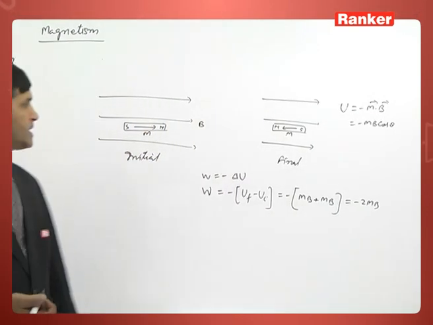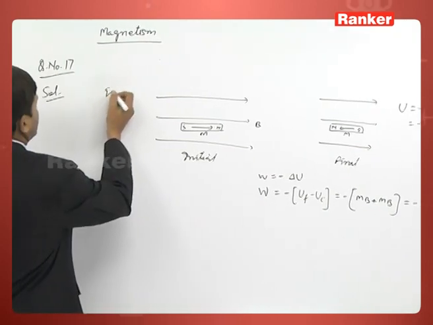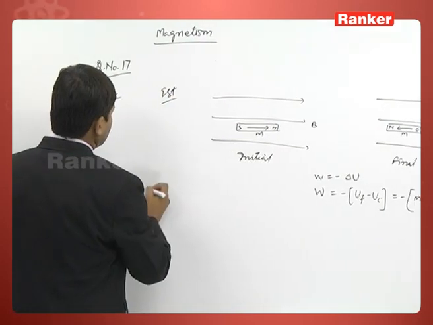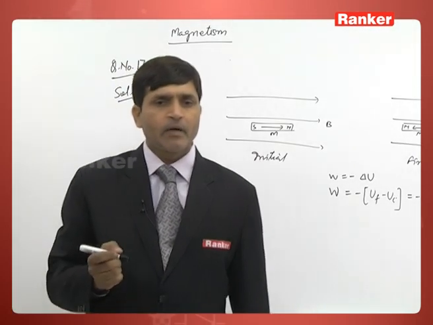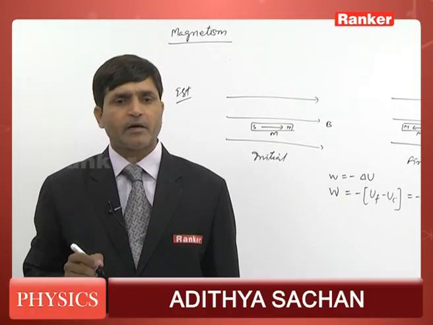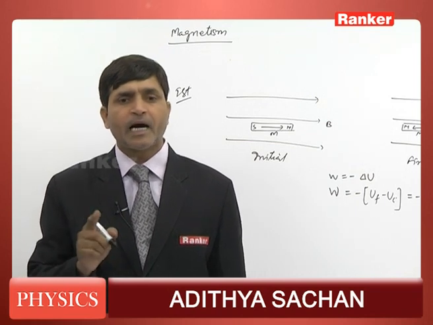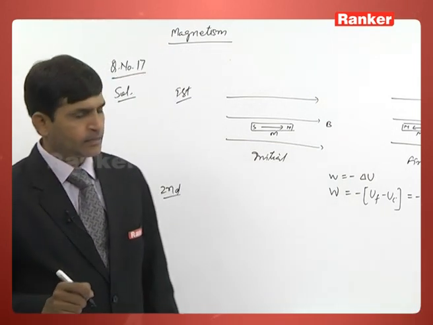In the second situation, they are saying find the work done in rotating the magnet from the field direction to half the maximum torque.